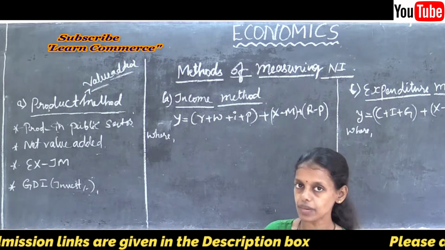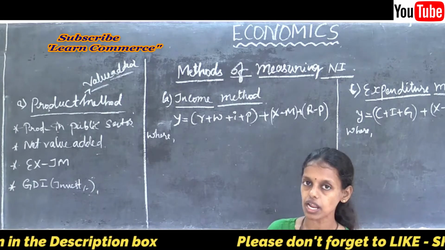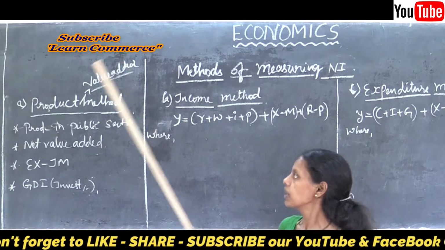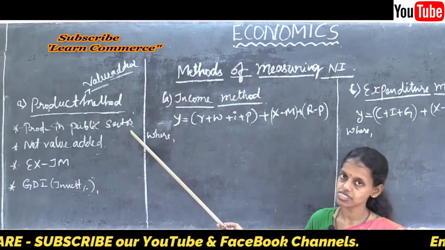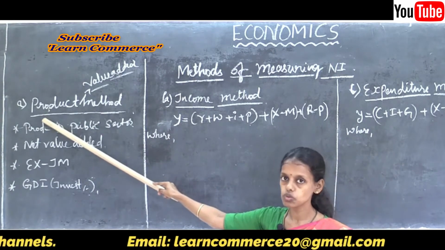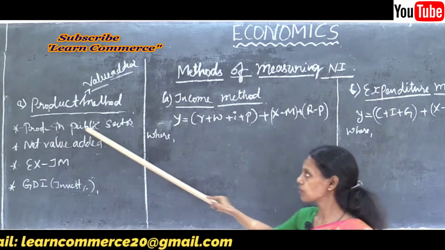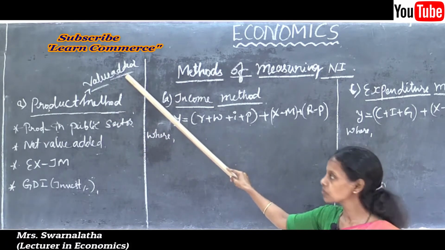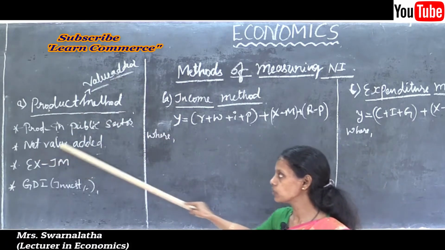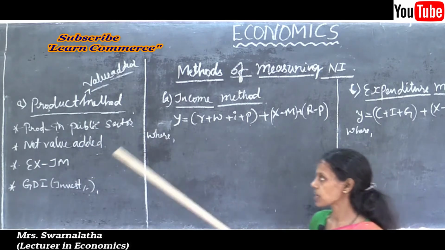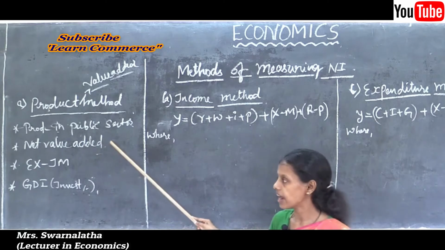Goods not only in the private sector, but both the public sector and private sector are included. The value of all the final goods produced in the public sector is included, thus it is said to be value added. The net values of all the production in the public sector and private sector are added.